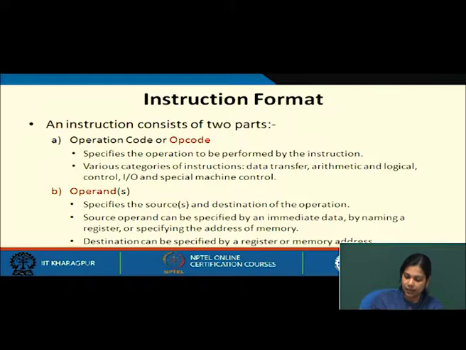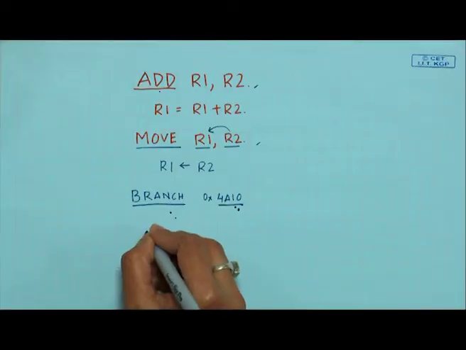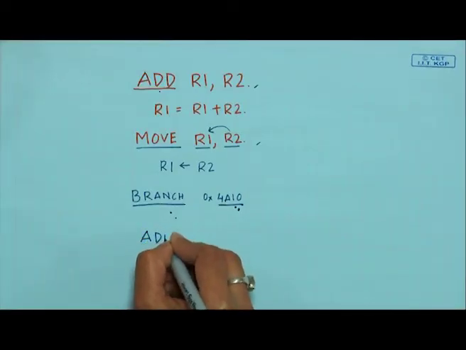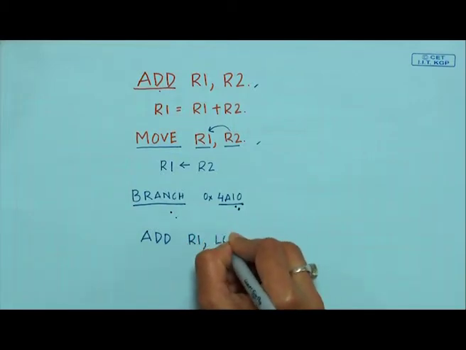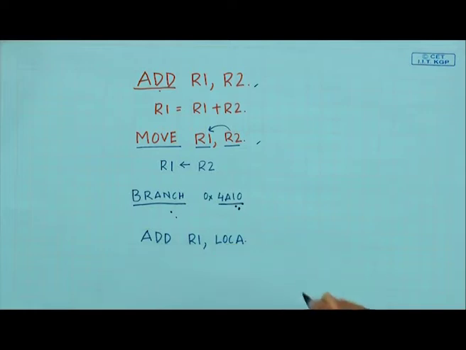For example, we can have an instruction add R1 comma LOC A. In this, we are specifying one operand as a register and another operand as a memory location.